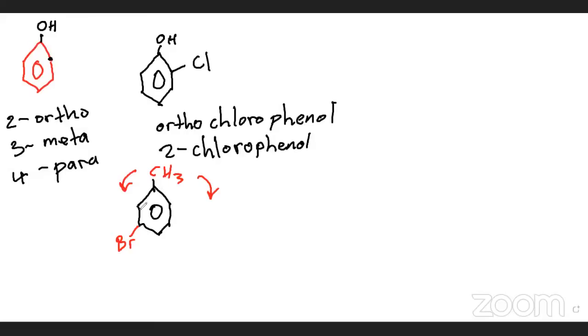It is 1, 2, 3. So these two positions on the ring, they are meta. So when you're doing meta, ortho, and para, it is relative to the group that is already there. So these two positions are meta relative to the methyl group. So for instance, let's do it again.